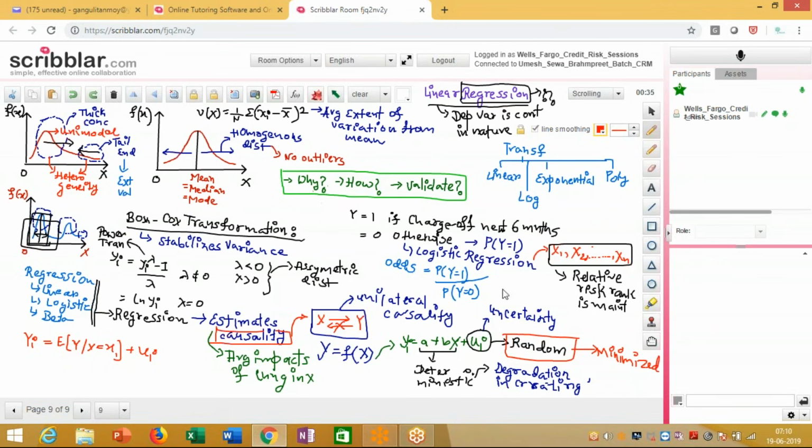You can say that yi equals a plus b xi plus ui is the formula for the linear regression equation, and it is this part that I would try to predict.